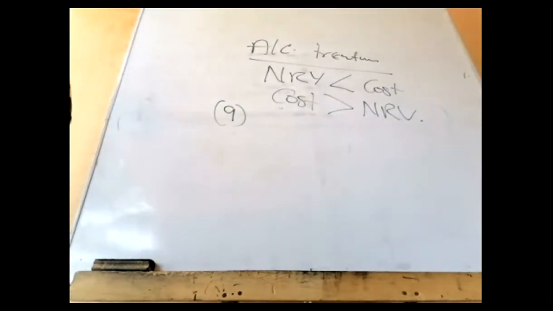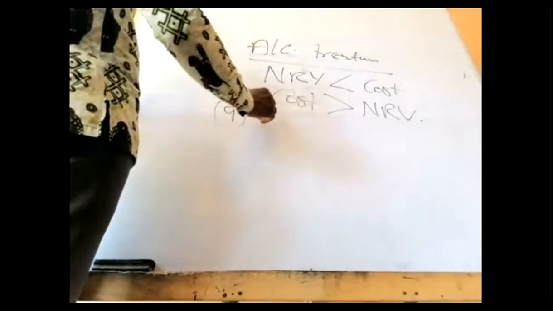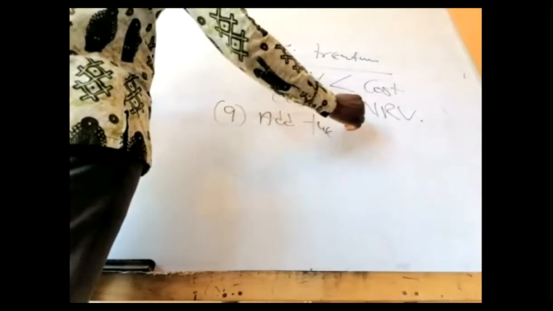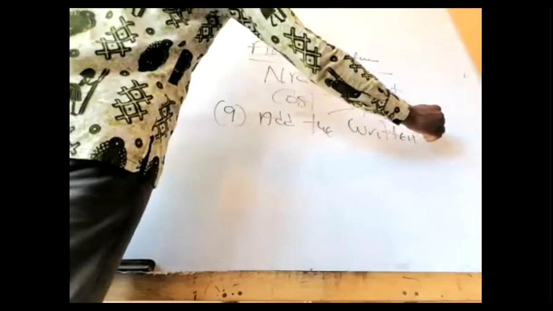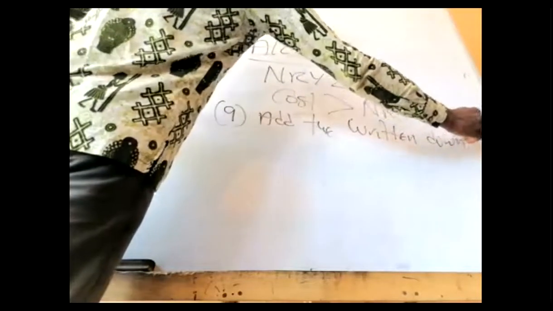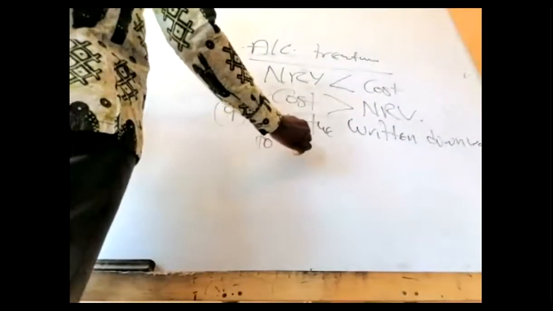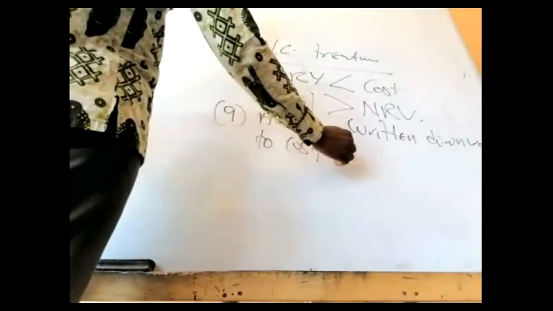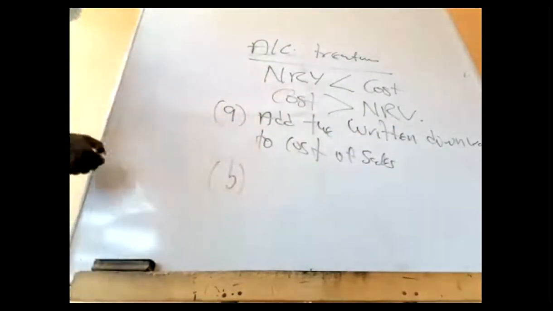A, add the written down value, the difference, to cost of sales, the direct expense. Add it to cost of sales. That's leg number one.